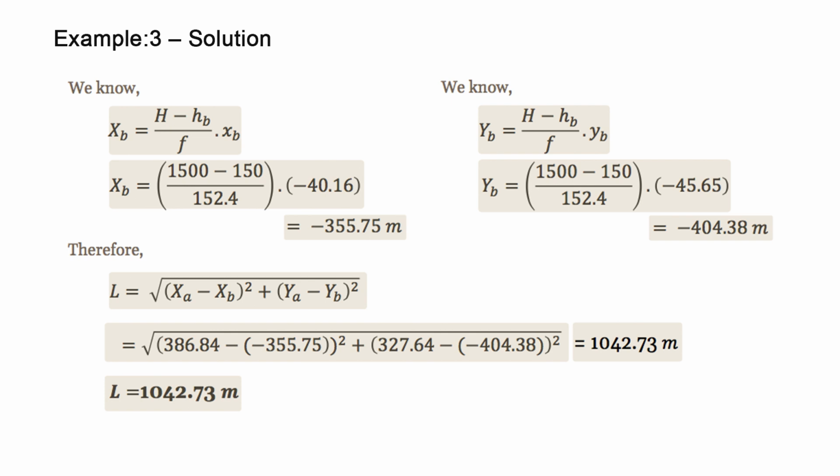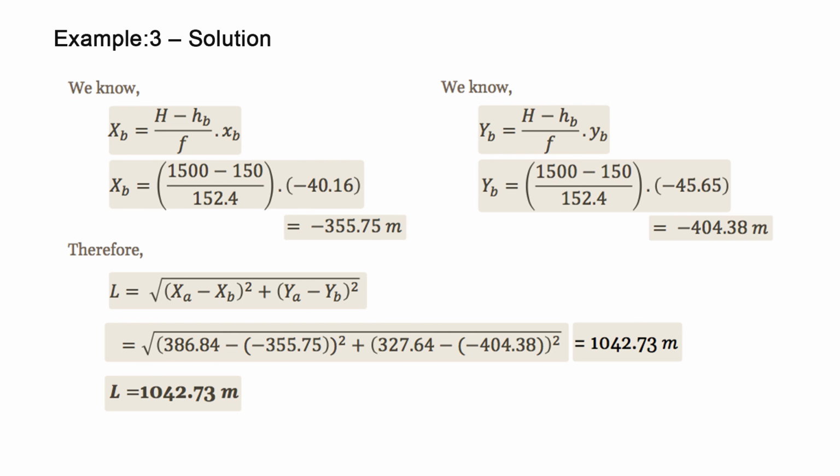Therefore, the L is equal to root of (Xa minus Xb) the whole square plus (Ya minus Yb) the whole square. Substituting all the found values, L is equal to root of (386.84 minus 355.75) the whole square plus (327.64 minus minus 404.38) the whole square, which comes around to 1042.73 meter.